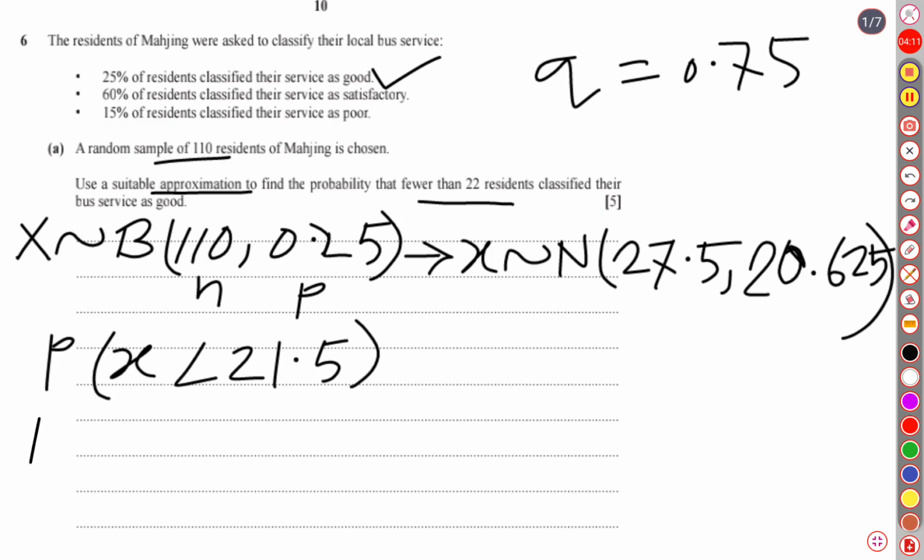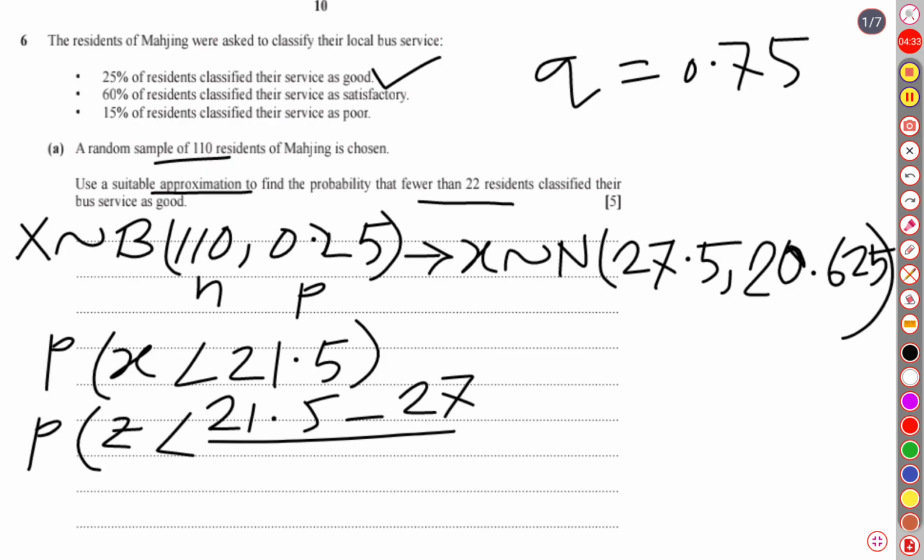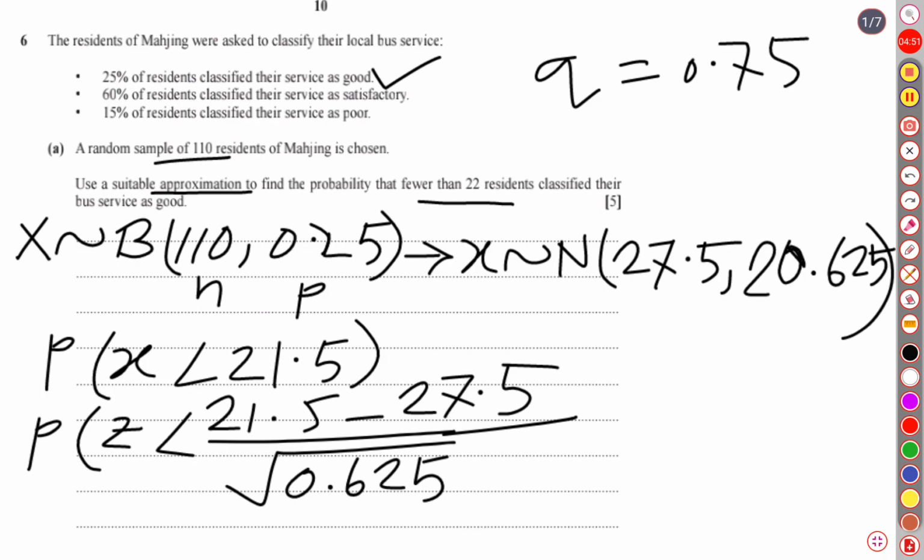Then we will find the Z score. The formula of Z score is x minus the mean, over the standard deviation. x is 21.5, so 21.5 minus the mean. Mean was 27.5 over the standard deviation, and the standard deviation is the square root of the variance, which is the square root of 20.625.